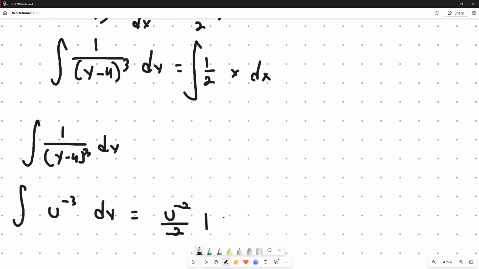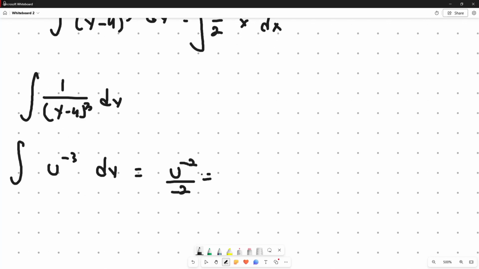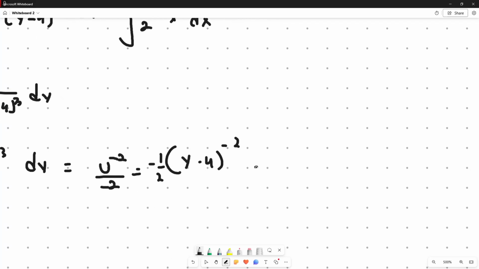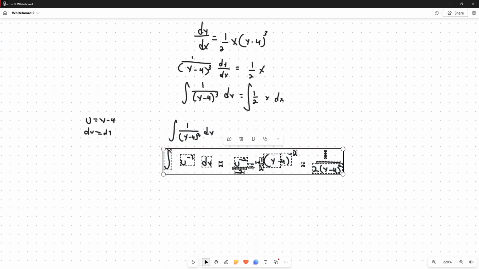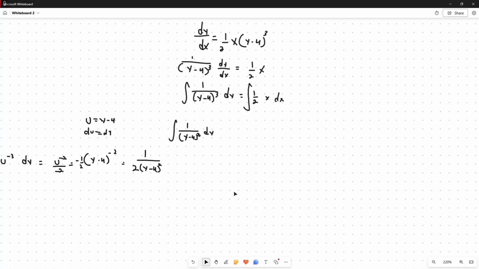So I'm gonna put it on the x side, and then this is just (y minus 4) to the negative second power times negative 1 half. And then I'm just gonna rewrite it as 1 over 2 times (y minus 4) squared. Alright, so we got that. So I'm gonna put all that over here.